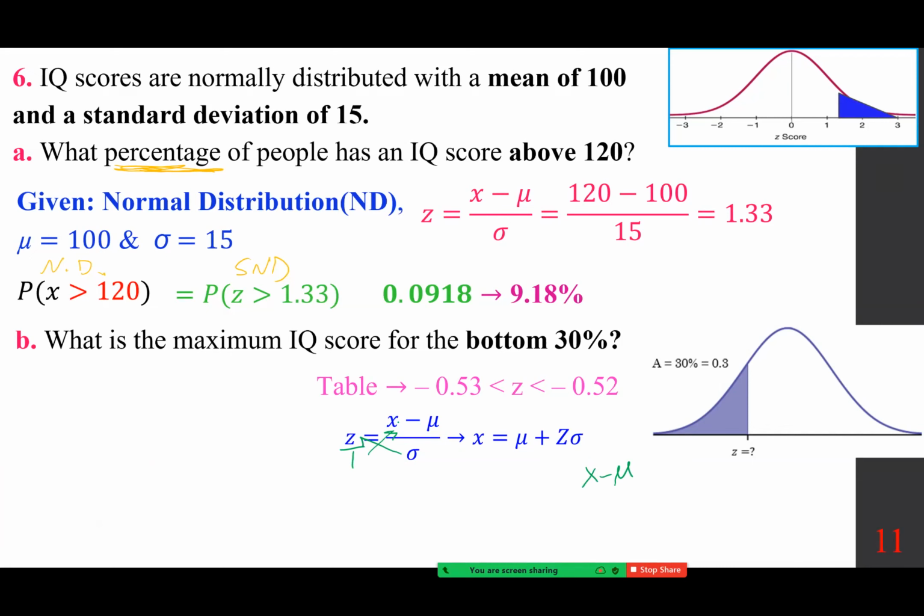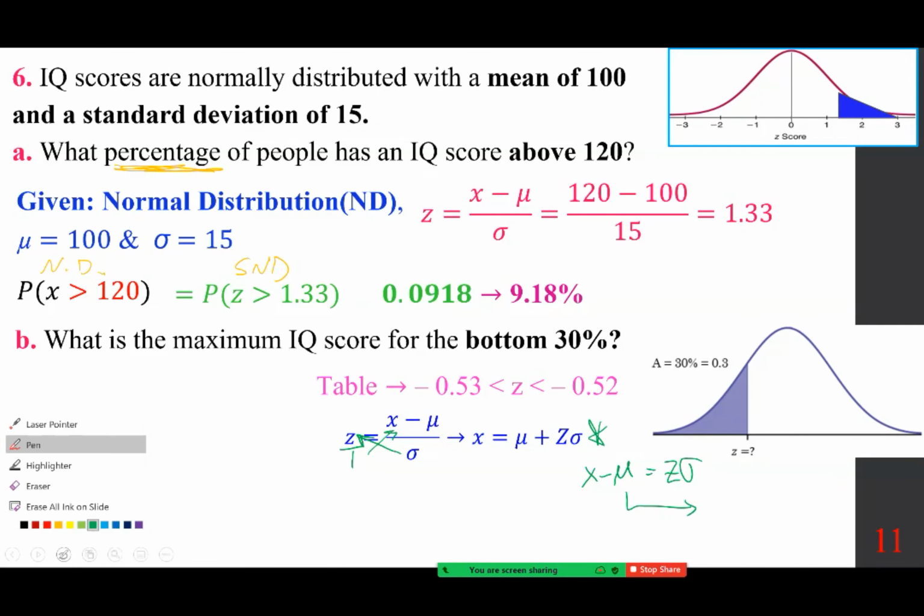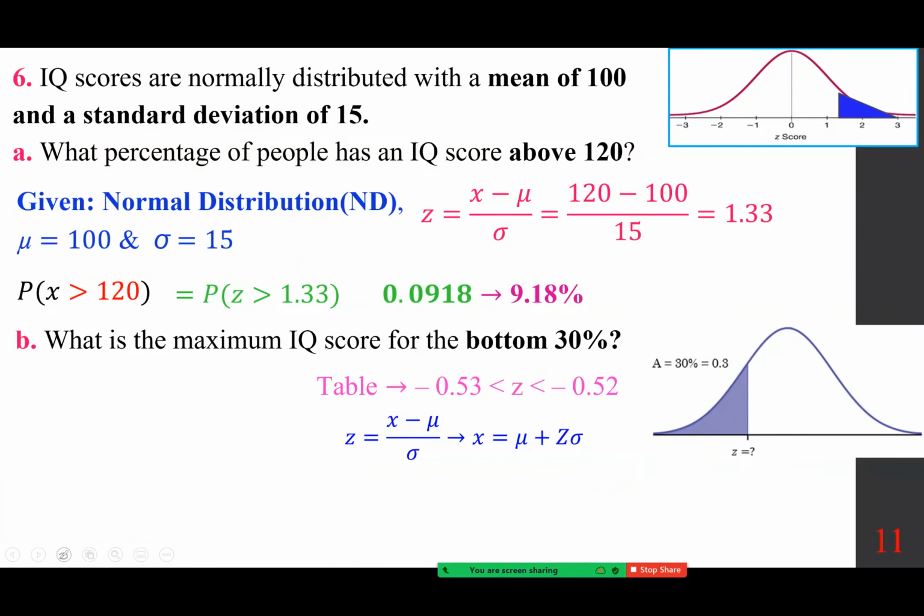And then you can multiply these two. And if you move this, you get this formula. So let me erase that. So X is mu plus Z sigma.